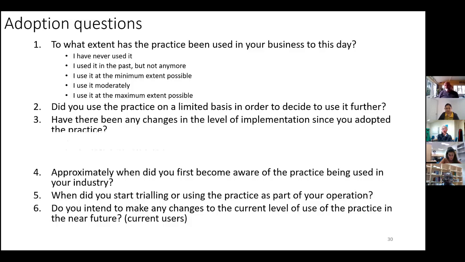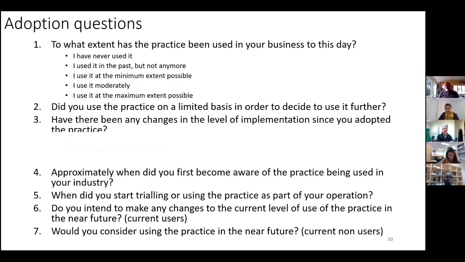For the current users, do you want to increase, decrease, or remain the same? For non-users, whether they would be interested in adopting or not interested. So that's what the graphs that I'm going to show you next were based on. The graphs of adoption that I came up with are based on this information.